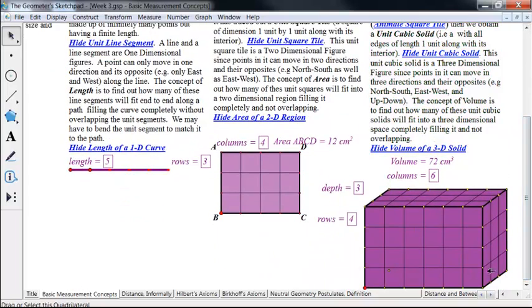Of course, if you think about the area of the base as just being a rectangle, for example, this one has, let's see, the depth is 3, the rows are, these numbers don't seem to be matching, let's see. The 6 seems to be right.